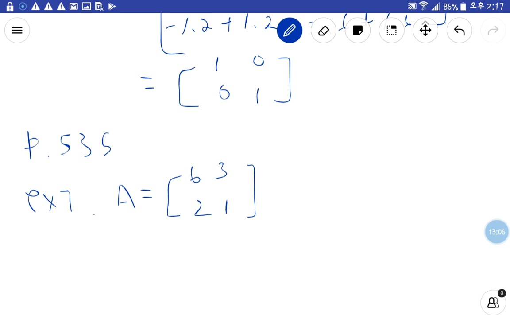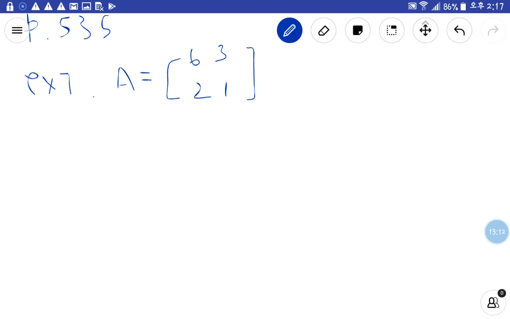So let's look at that. We just pretend, suppose that we have an inverse B, the inverse of A. So let B be the inverse matrix of A. That can be written as X, Y, Z, W.